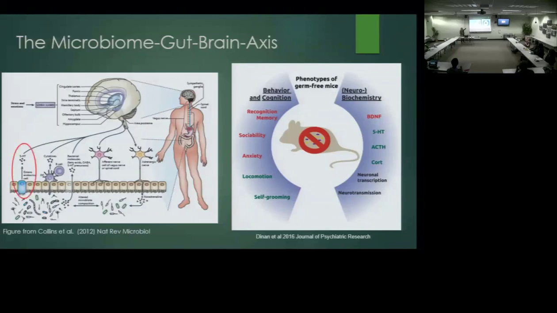So one, the microbiomes interact with these enterochromaffin cells in the lining of the gut, which have a very important role in producing peripheral serotonin. So they can actually change the production of 5-HT. They also interface with the immune system, both the intestinal immune system and the systemic immune system. So they can trigger inflammation, and those inflammatory cytokines can pass into the brain and change how the brain functions.